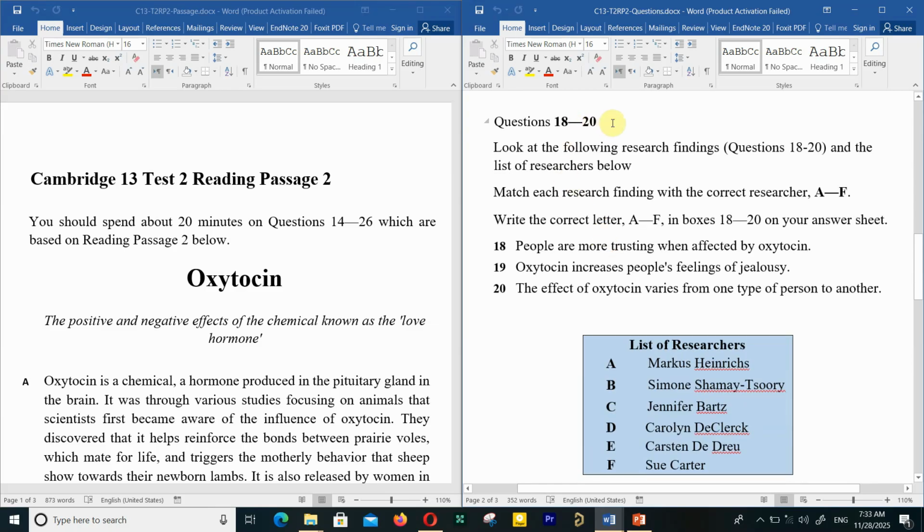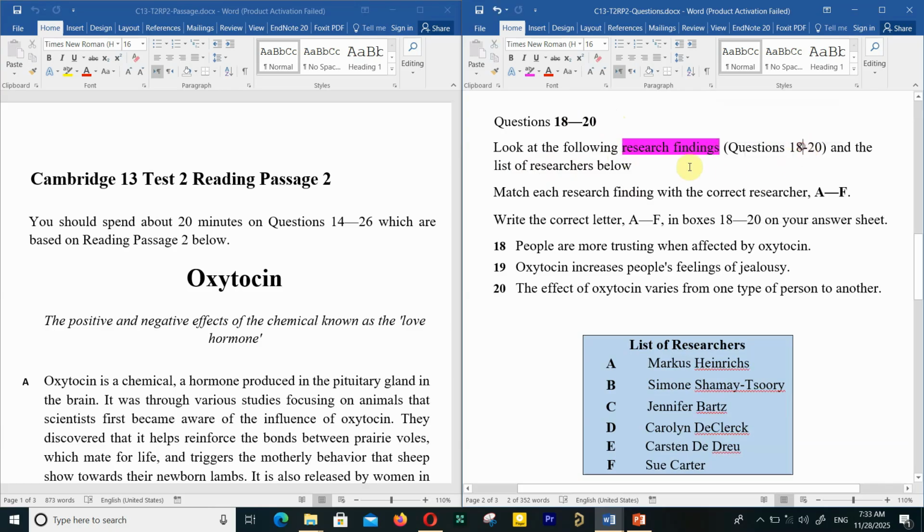Before I explain, it's really important for you to choose which type of question you're going to start with. So we're going to make some time for planning which type of question I'm going to start with. Questions 18 to 20 are about the following research findings.